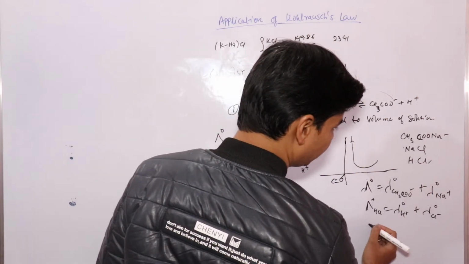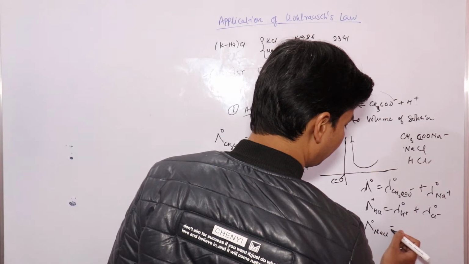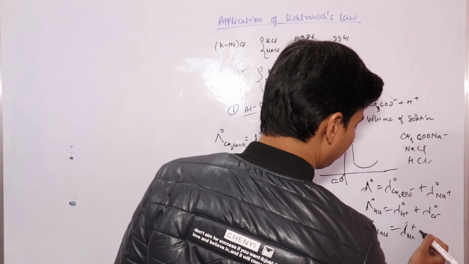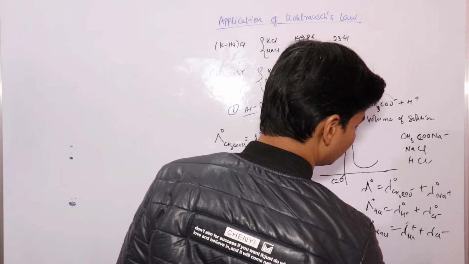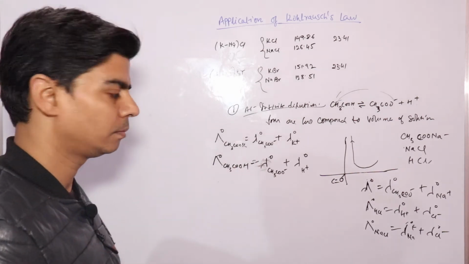Similarly, for sodium chloride, it would be the ionic conductance of sodium ion plus the ionic conductance of chloride ion at zero concentration.